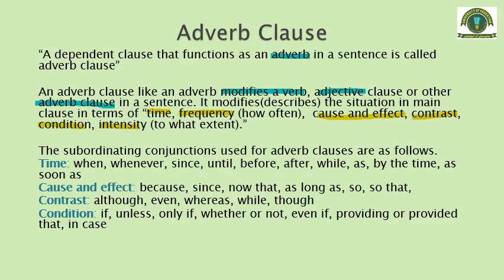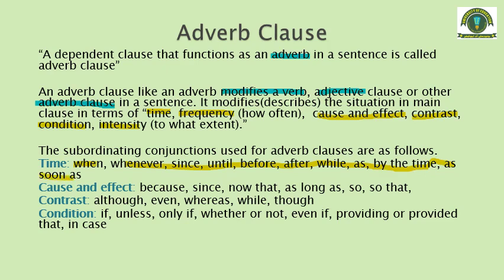Now the subordinating conjunctions used for adverb clauses are as follows. If it is talking about time, the adverb clause will begin with when, whenever, since, until, before, after, while, as, by the time, as soon as.